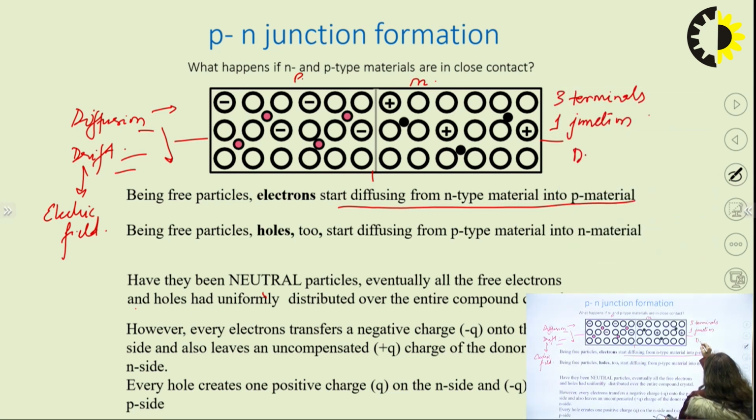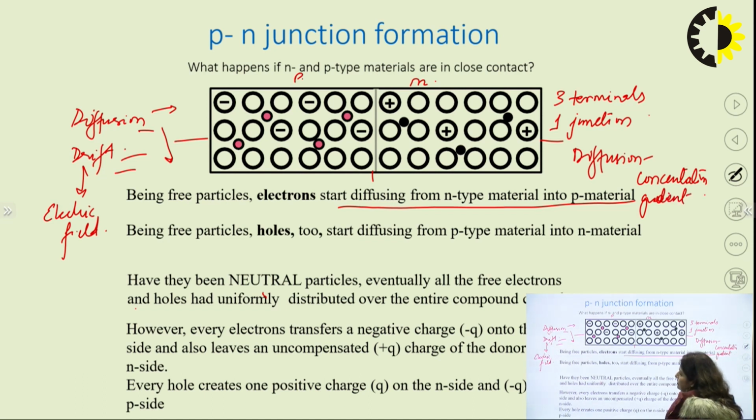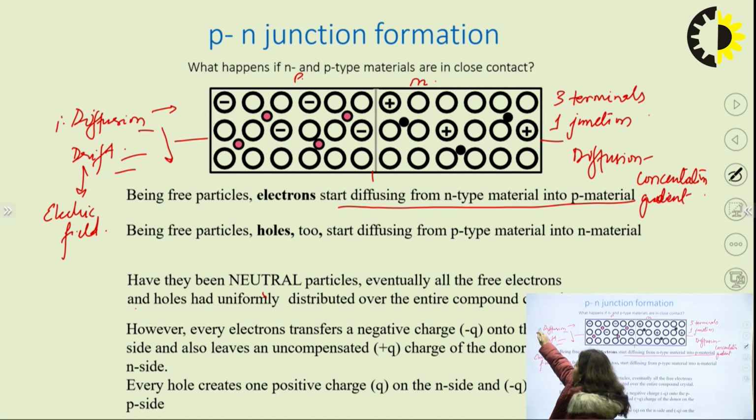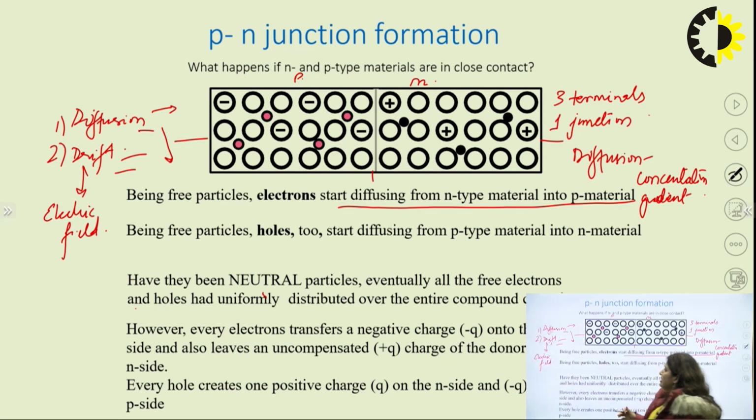In the case of diffusion, we have a concentration gradient, due to which there is flow of electrons from higher concentration to lower concentration. So these two phenomena will always occur in a PN junction.